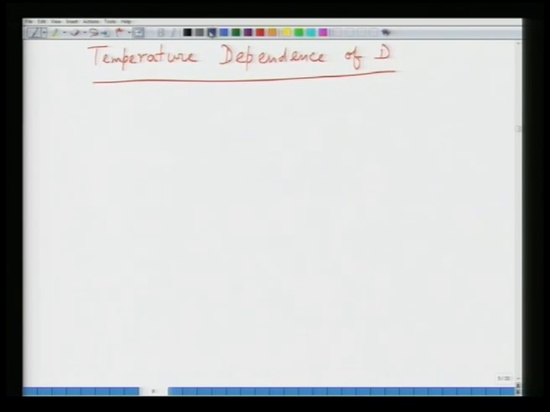If I look at the temperature dependence of D, we just said that D is equal to half tau lambda square. Lambda is constant, sorry, I will take a general case. In that case I will replace this half by gamma, and gamma is a constant. So, the only thing which can vary is now tau.